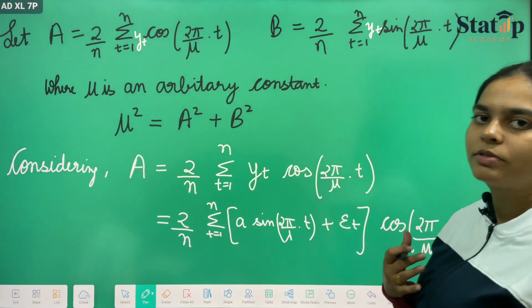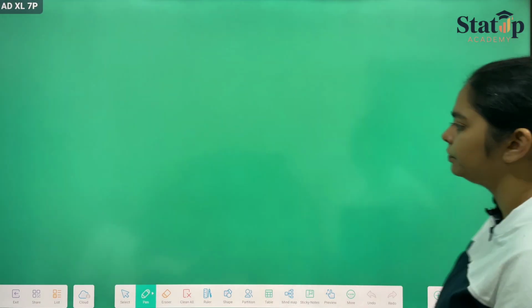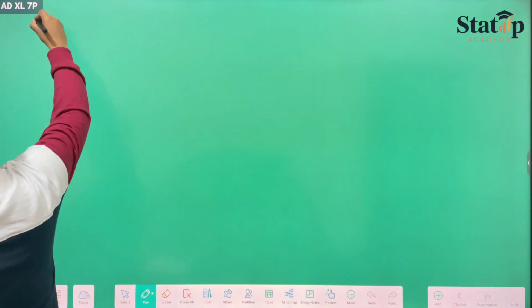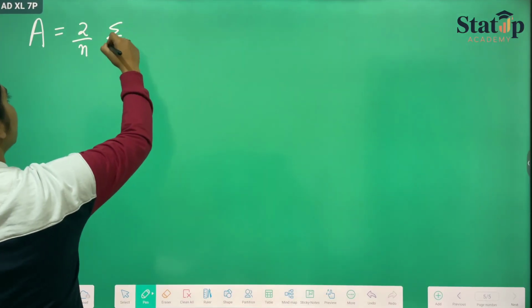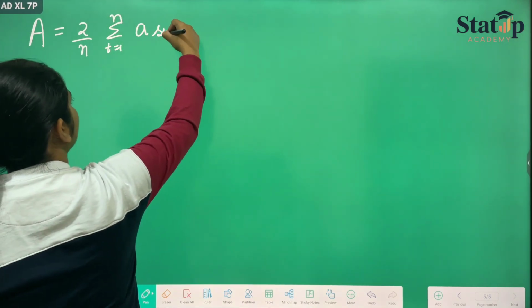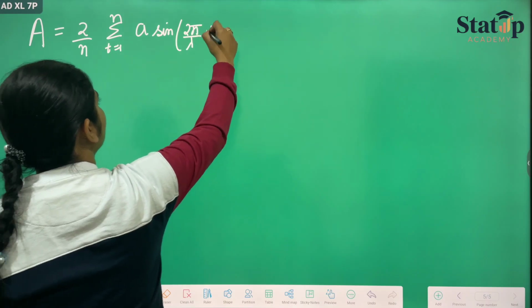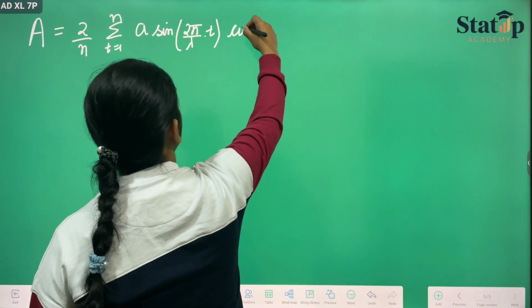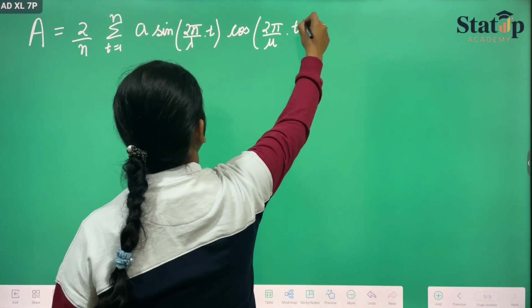Now the epsilon terms will get cancelled, so we are only left with A is equal to 2 by n summation t goes from 1 to n A sine 2 pi by lambda into t cos 2 pi by mu into t.